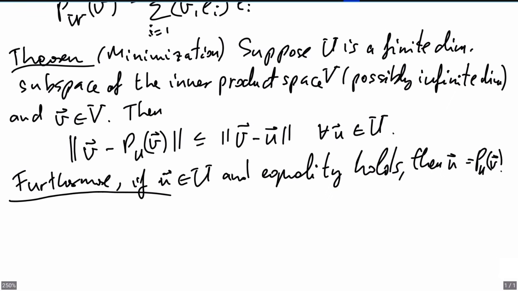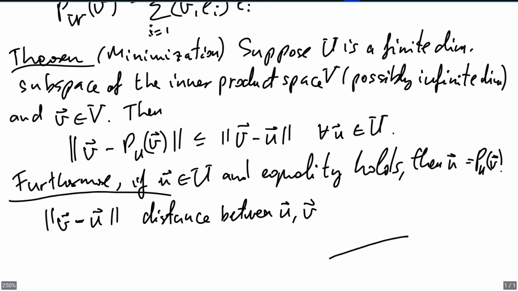So let's analyze this theorem and try to understand it. First of all, note that the norm of v minus u, we didn't use this definition, is actually a distance between u and v. You can even see that geometrically, in the way we subtract vectors: if this is v and this is the vector u, then the difference is the vector drawn from the tip of u to the tip of v.